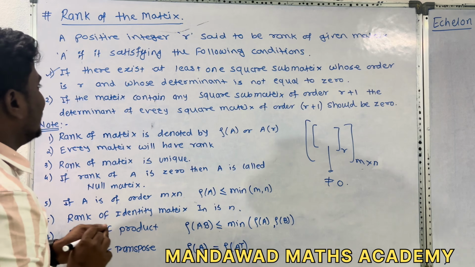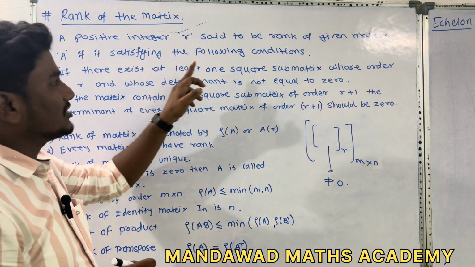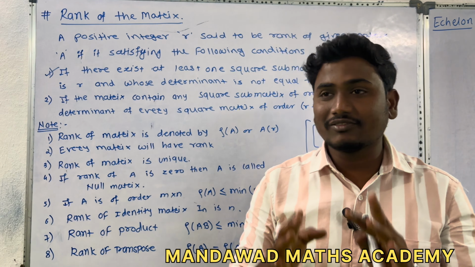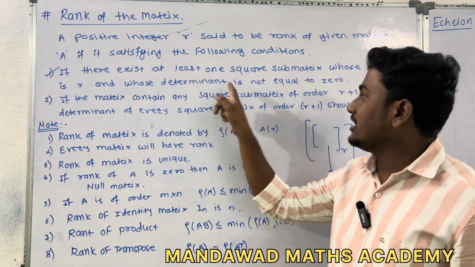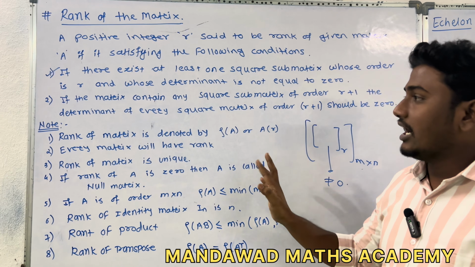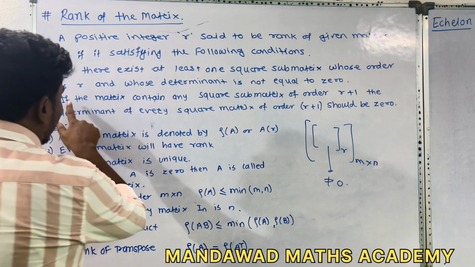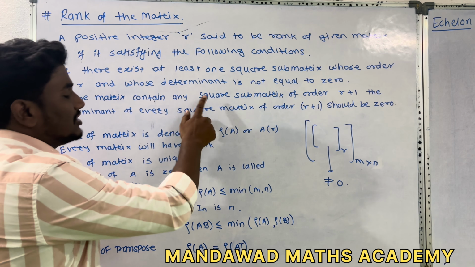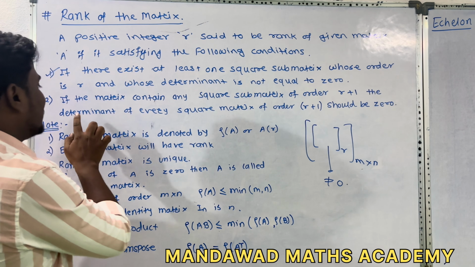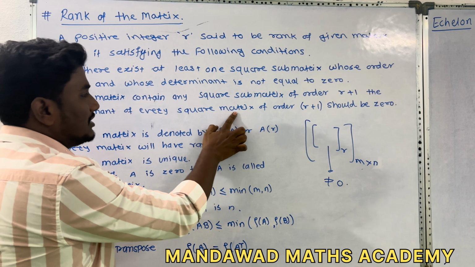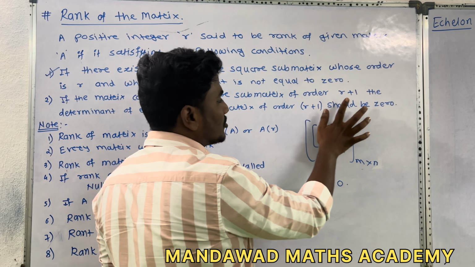What is the first condition? There exists at least one square submatrix in this given matrix whose determinant is not equal to 0. And the second condition is, if the matrix contains any square submatrix whose order is r plus 1, the determinant of every square matrix of order r plus 1 should be 0.